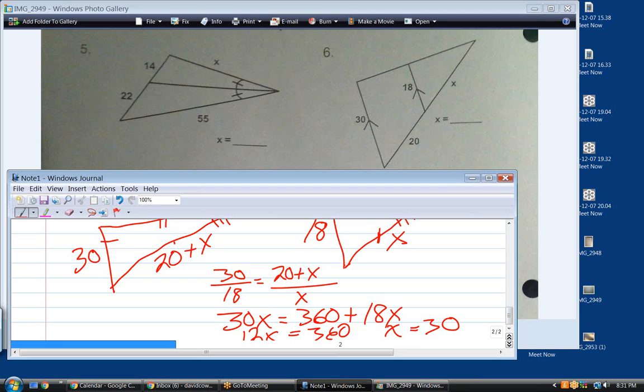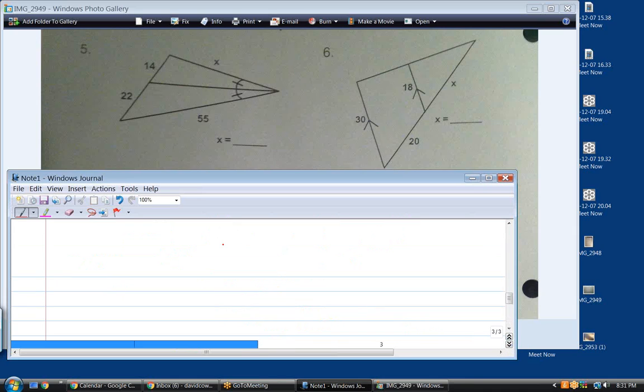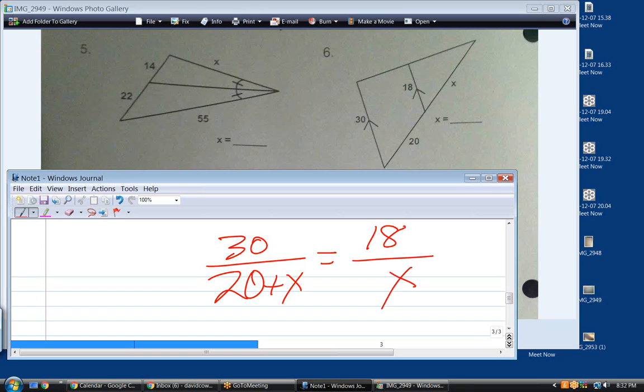If I'm always comparing this side with that side, I'm not going to compare this 30 with 20 plus x. I could. In other words, I could compare the 30, the base of this triangle, with its own side. This is legitimate. And compare the base of that triangle with its own side.